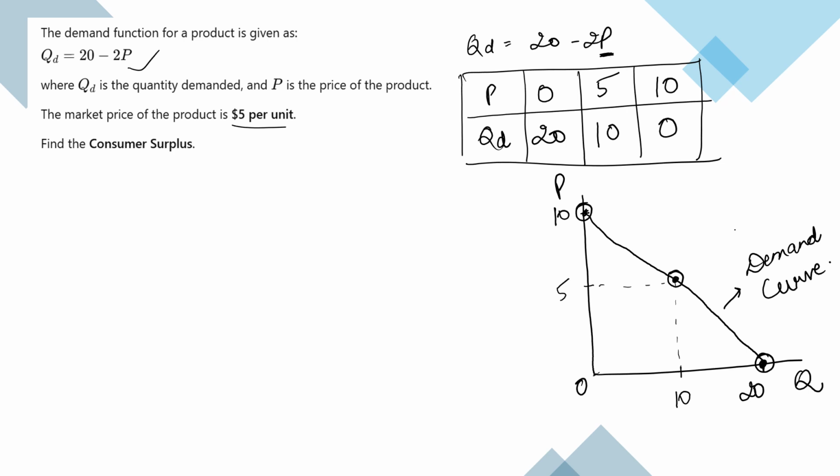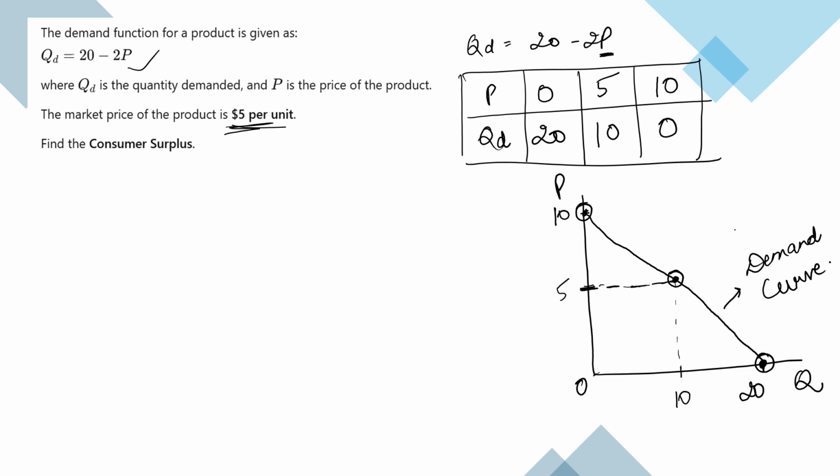So now we have to calculate consumer surplus when price is 5. At price 5, the area below the demand curve and above the market price represents consumer surplus.